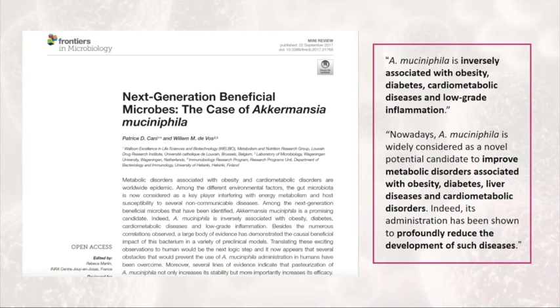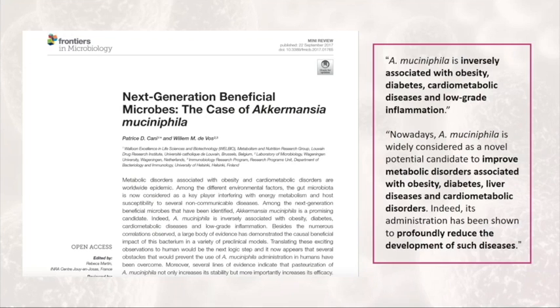Akkermansia muciniphila is one of my most favorite microbes. It's a very famous microbe. I often lovingly refer to it. It has been inversely associated, I should say, with obesity, diabetes, heart disease, and low-grade inflammation.